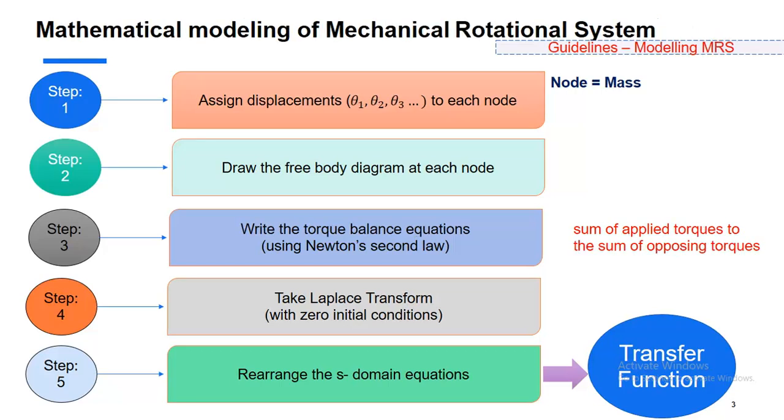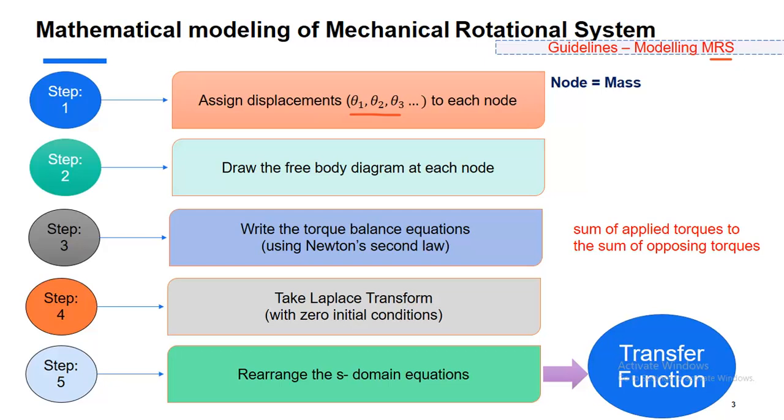And these are the guidelines for modeling the mechanical rotational system. The steps are the same as what I discussed in the previous slide. We have to assign the displacement. Here it is an angular displacement, theta 1, theta 2, theta 3, etc. For each node, the node is nothing but the moment of inertia, that is a mass.